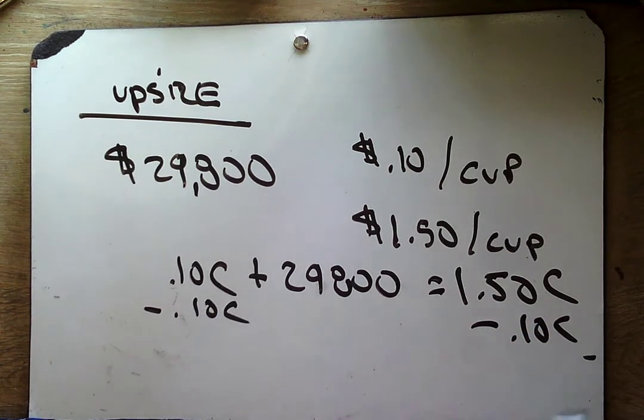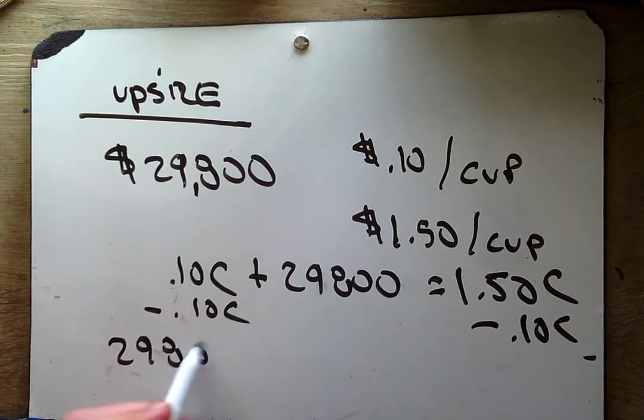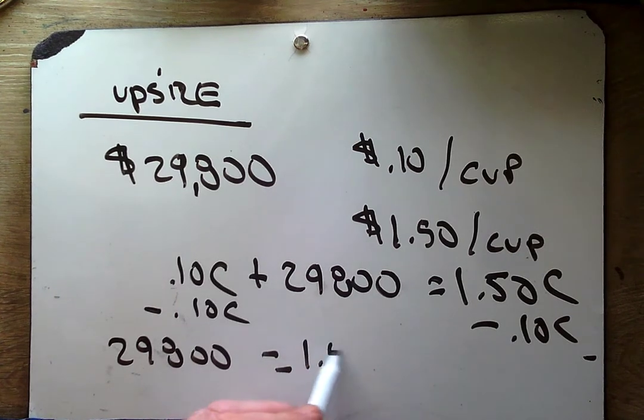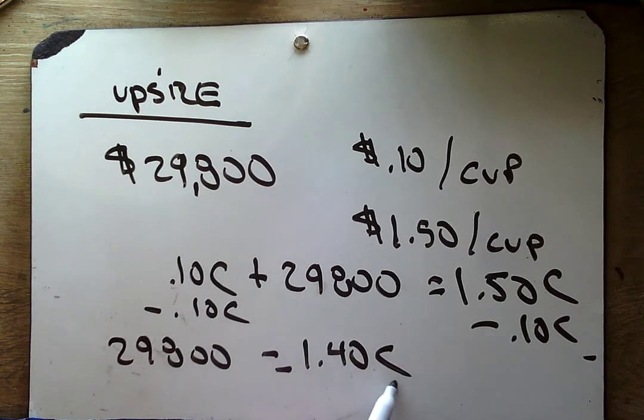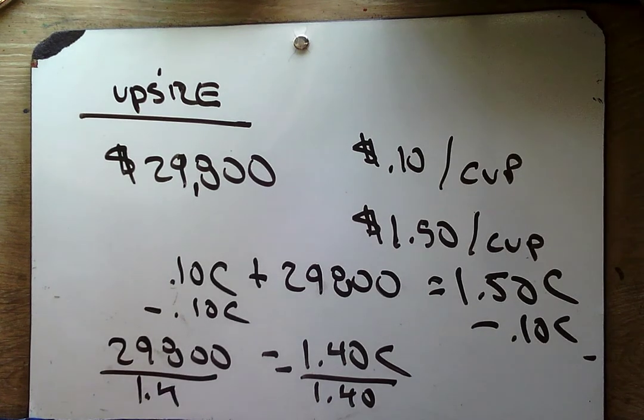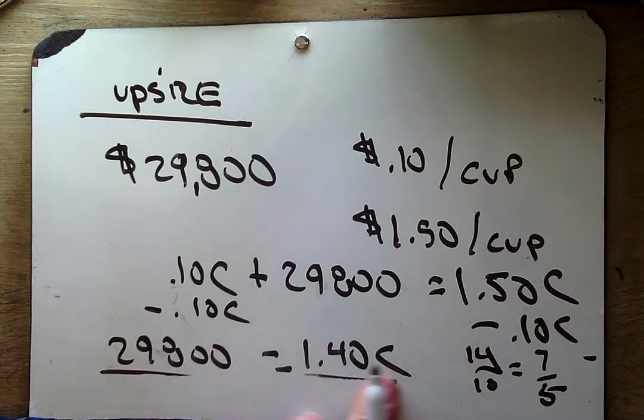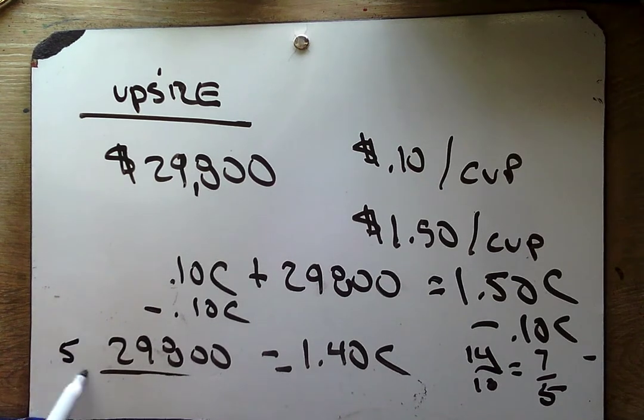Subtract so that you have 29,800 equals 1.4C. And I need to divide both sides by 1.4. 1.4 is 14 over 10, so that's going to be 7 over 5. And if I do the flip and multiply thing, it's 5 over 7.